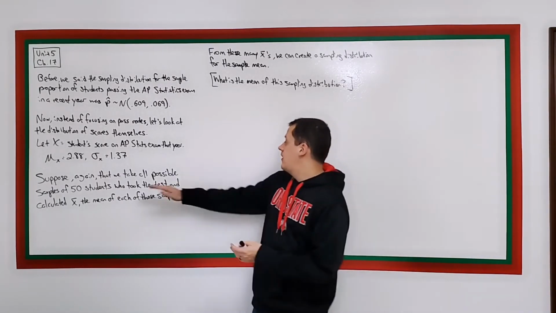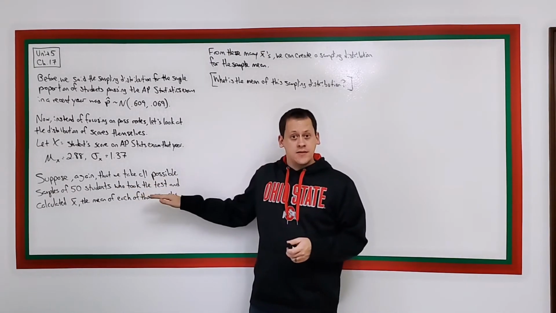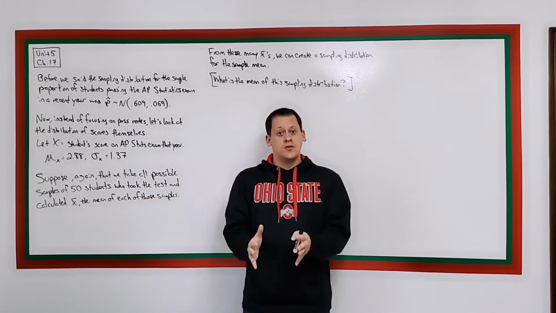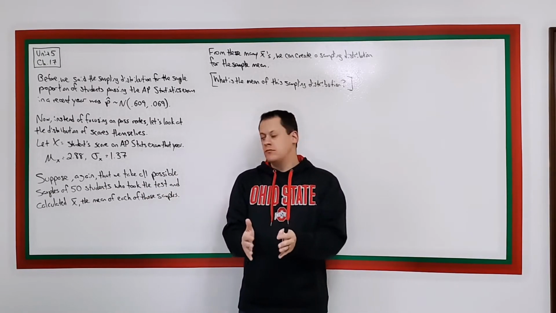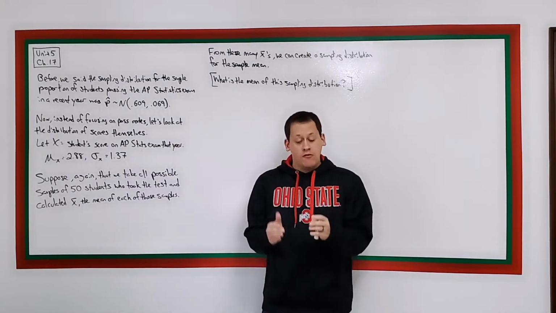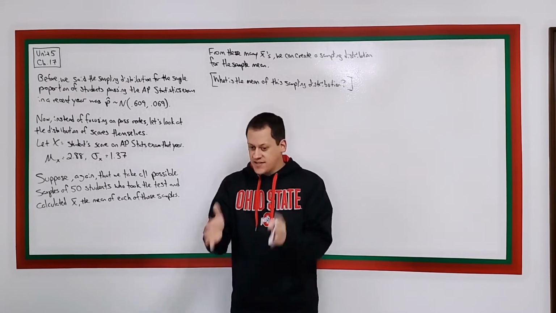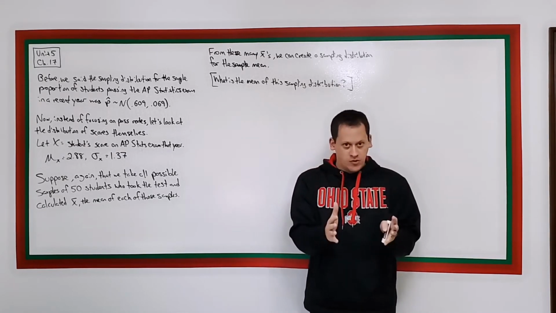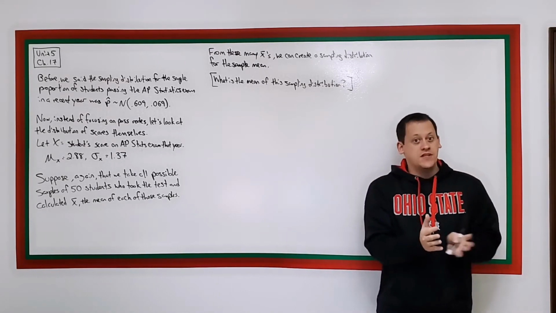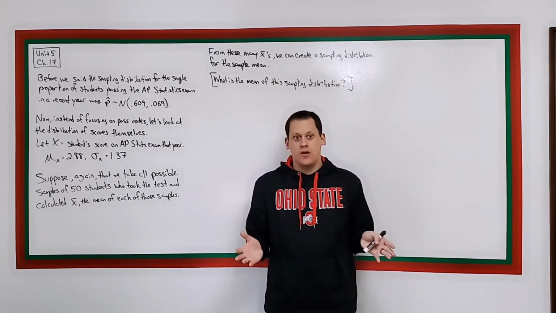So to repeat, we're taking all possible samples of 50 students who took this test. We're taking their scores, so we've got 50 scores per sample, and we're calculating x bar, the sample mean, for each of those samples of size 50. So we're going to have an x bar for this sample of 50, an x bar for this sample of 50, and so on and so forth. We're going to have thousands of these x bars, right?